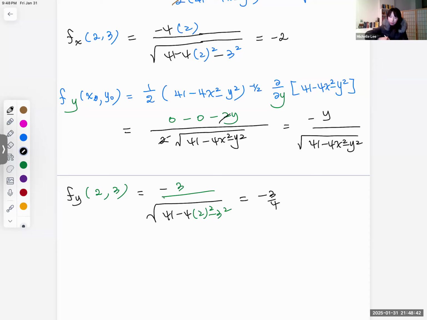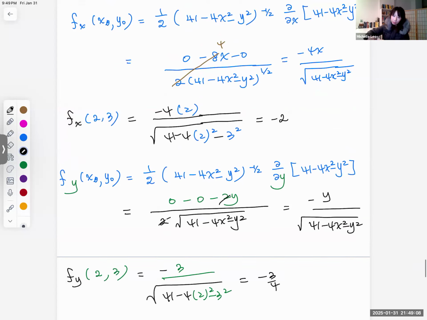Okay, so we have a partial derivative with respect to x, and then we substitute x naught, y naught. And we have a partial derivative with respect to y, and then we substitute x naught, y naught. And we have to do the function evaluation when x naught, y naught equal 2, 3.